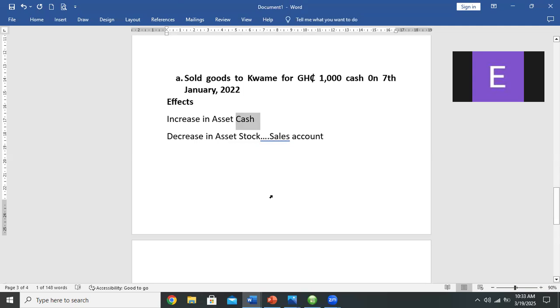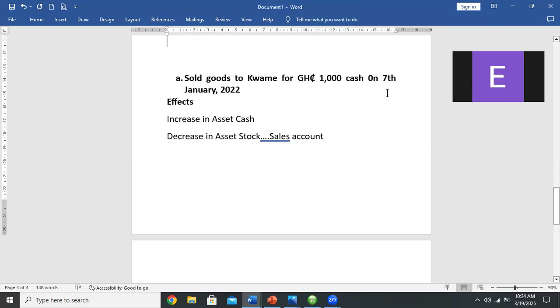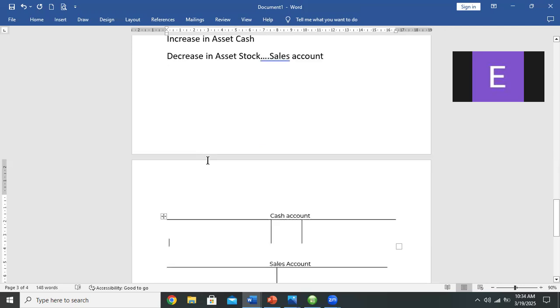As you know, the debit should be on the left side, right? So we put the date of the transaction, which happens to be 7th January 2022. So in the cash account, 7th January 2022. Then we put the details. Like I told you, the details is the corresponding account, as in the other account.